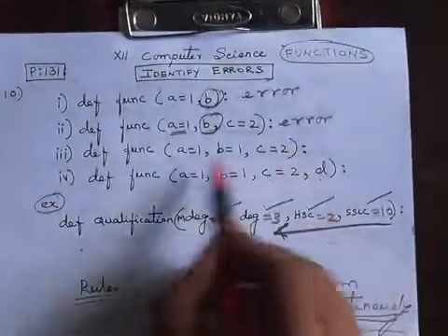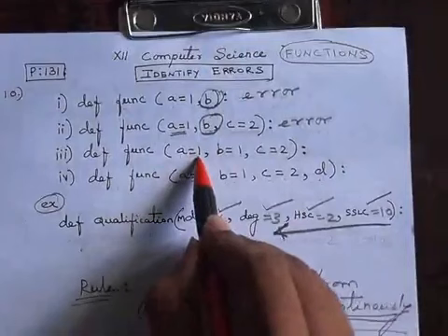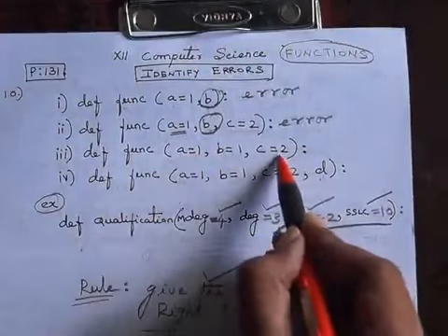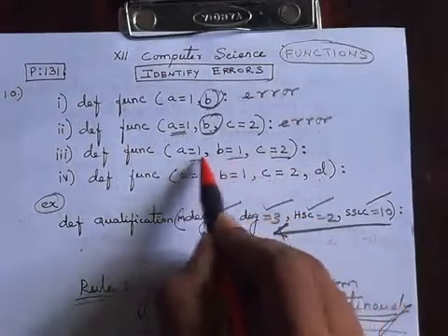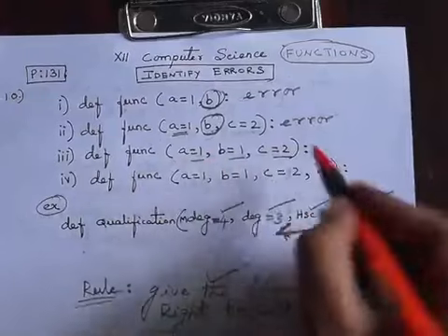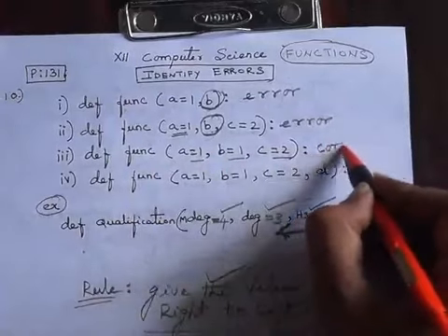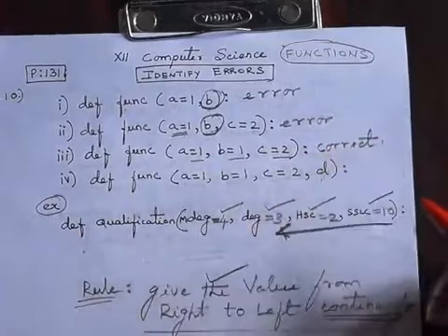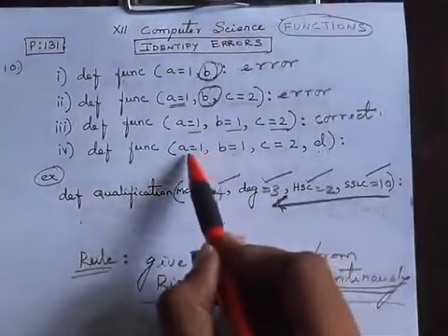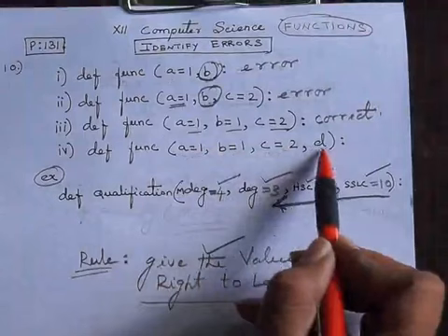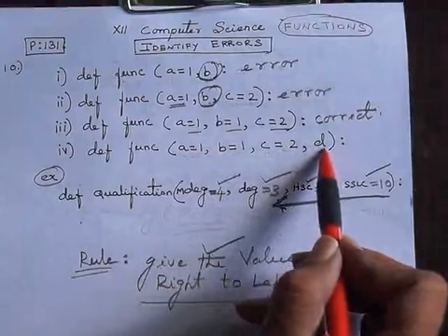Understand? Okay. Here you see A receives a value. For that, first you have to give the value for C, and you have to give value for B, and you have to give the value for A. So this is perfect. So this is correct. Understand? Okay. Here you see, all the arguments receive the value except the last variable.